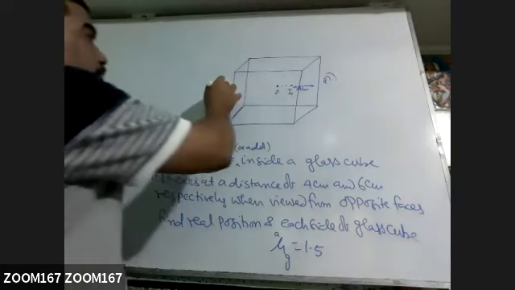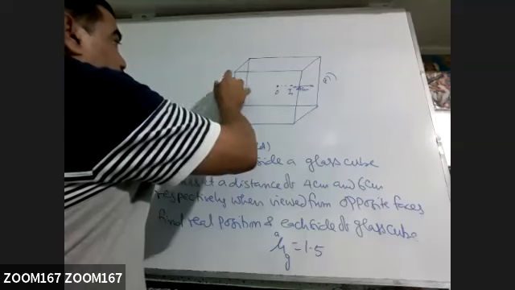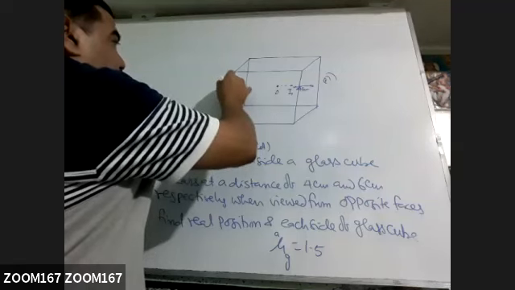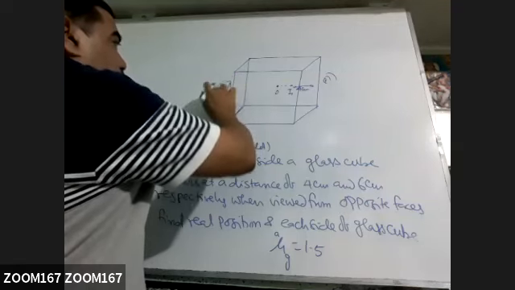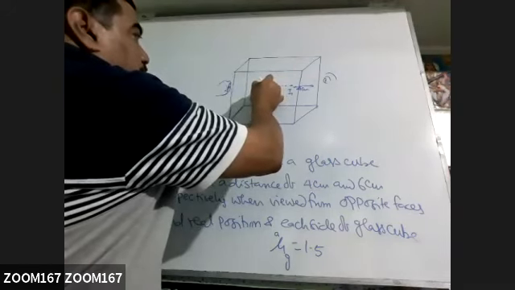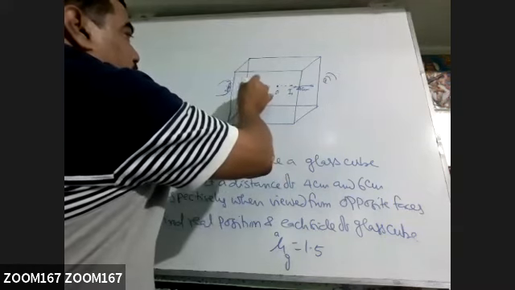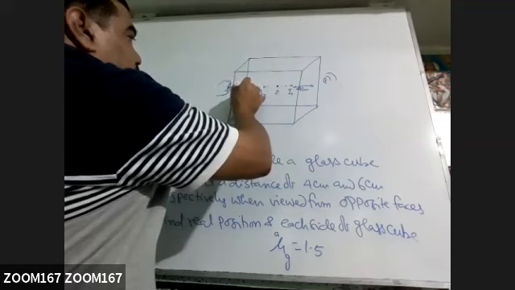But when the same object is viewed from this side, it is appearing somewhere here. And this distance is 6 centimeters.